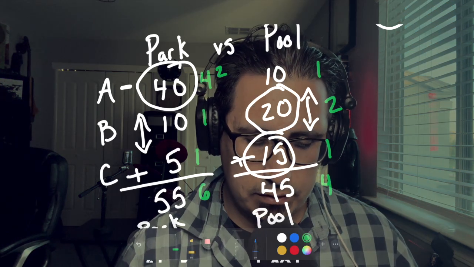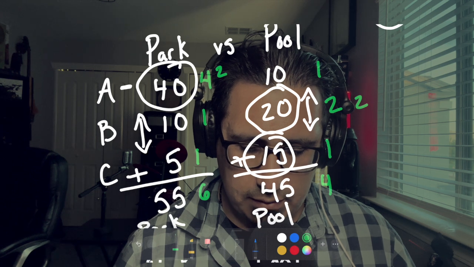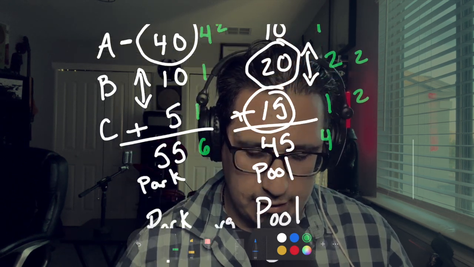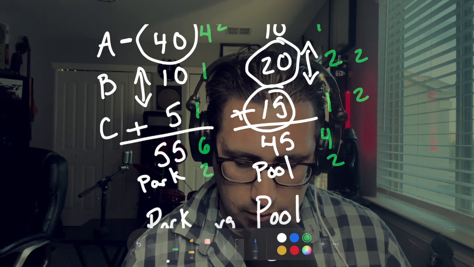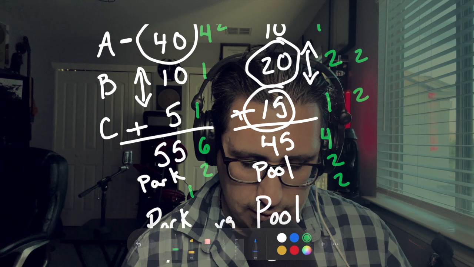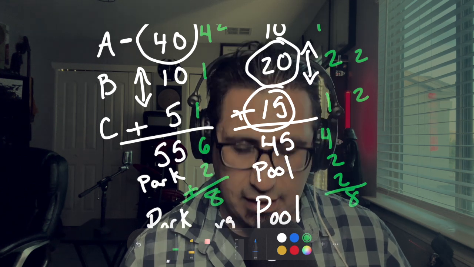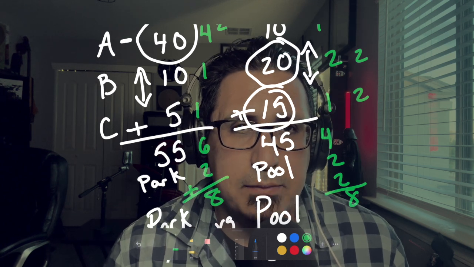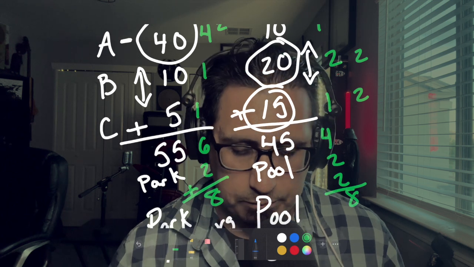So in this case, the park gets 2 extra votes, and the pool gets 2 votes from block B and 2 votes from block C. So adding those is 2, 2, and 2. That equals 8. So that's a little more representative, but we still end up in a tie.